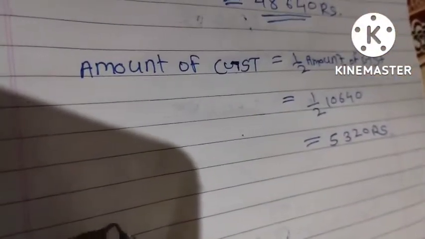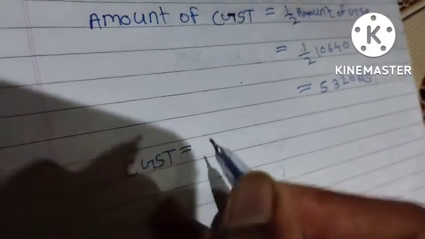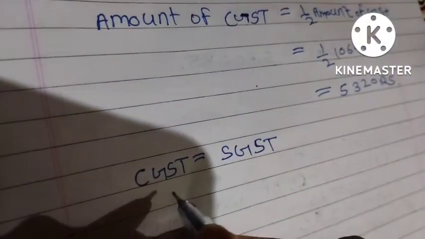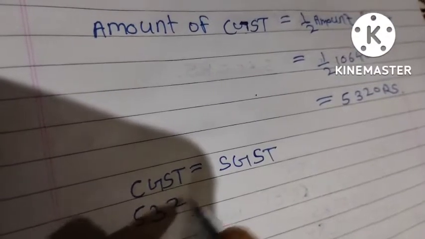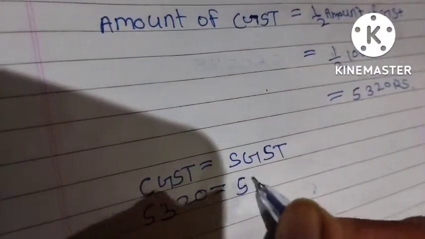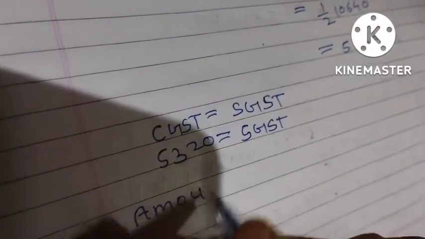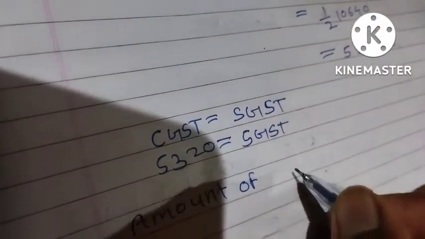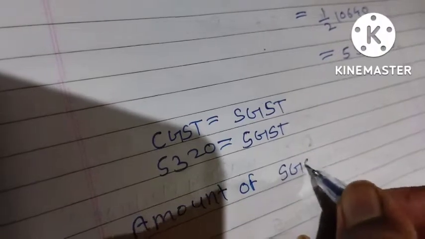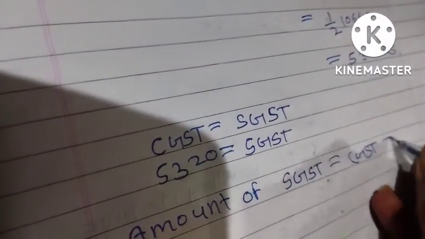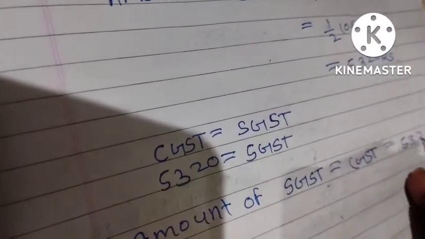And the amount of SGST is equal to CGST. So the amount of SGST is also 5,320 rupees.